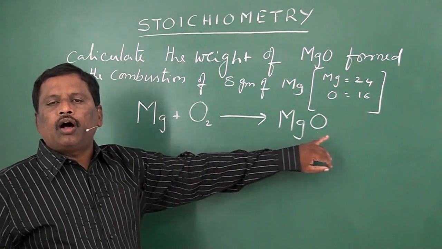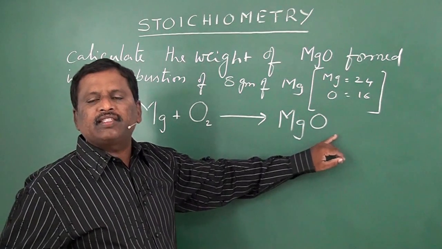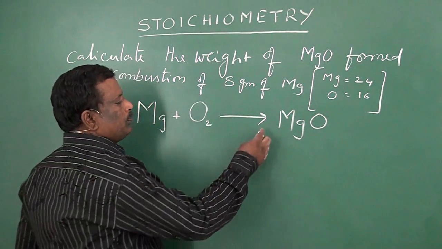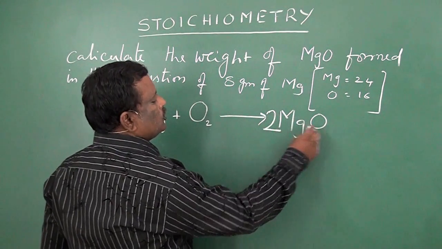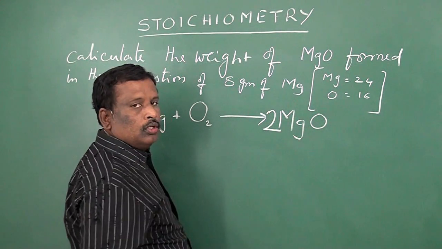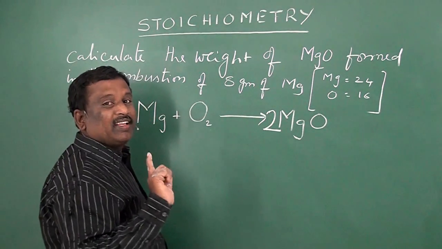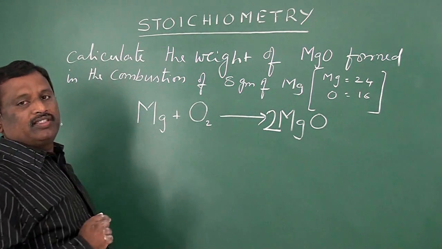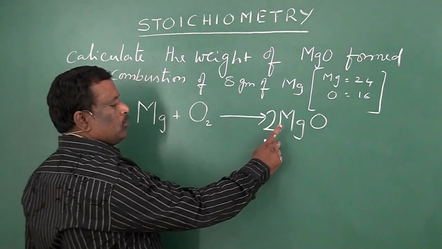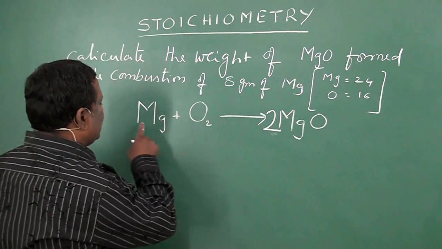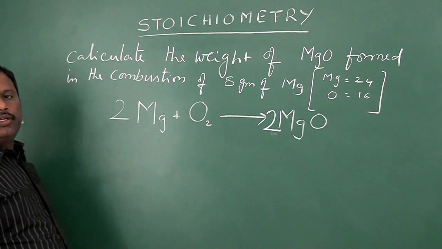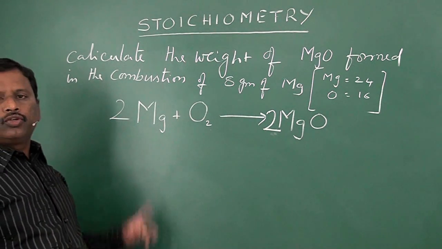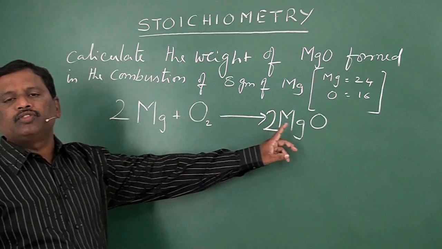That means to increase the number of oxygen atoms, you should put 2 MgO. You should not write MgO2, because MgO2 does not exist. 2 MgO is there. Now whenever you put 2 here, automatically magnesiums are unbalanced. To make magnesium balanced, you should write like this: 2 Mg plus O2 gives 2 MgO.